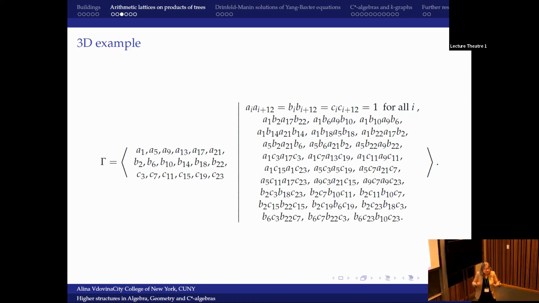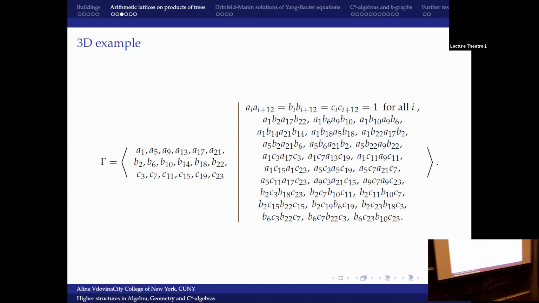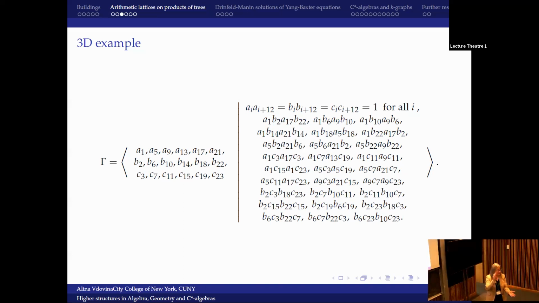Probably this is one of the reasons why in the theory of k-graph algebras there are not that many examples, because you cannot get them just accidentally, as you do with many small examples. Also in this field of high rank lattices, where lattices are discrete subgroups of Lie groups, between about 2000 and our paper there was a gap between dimensions 2 and 3.